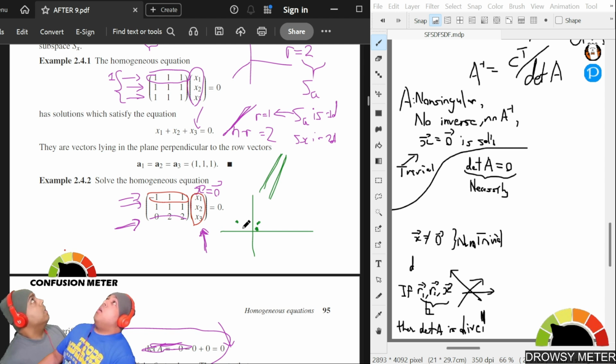Okay, I have done nothing. 0, 2, 2, 1, 1, 1. Where's 1, 1, 1? They all lie in the same plane, right?